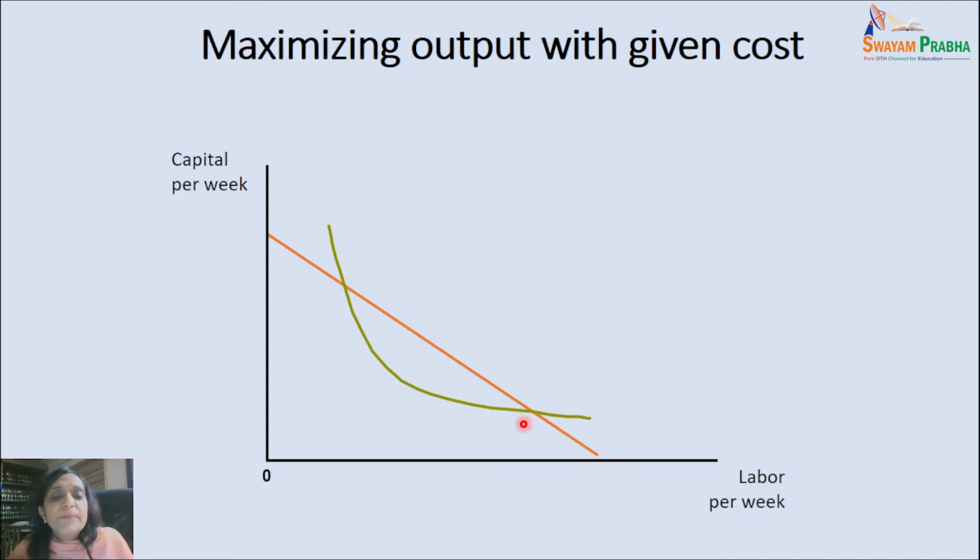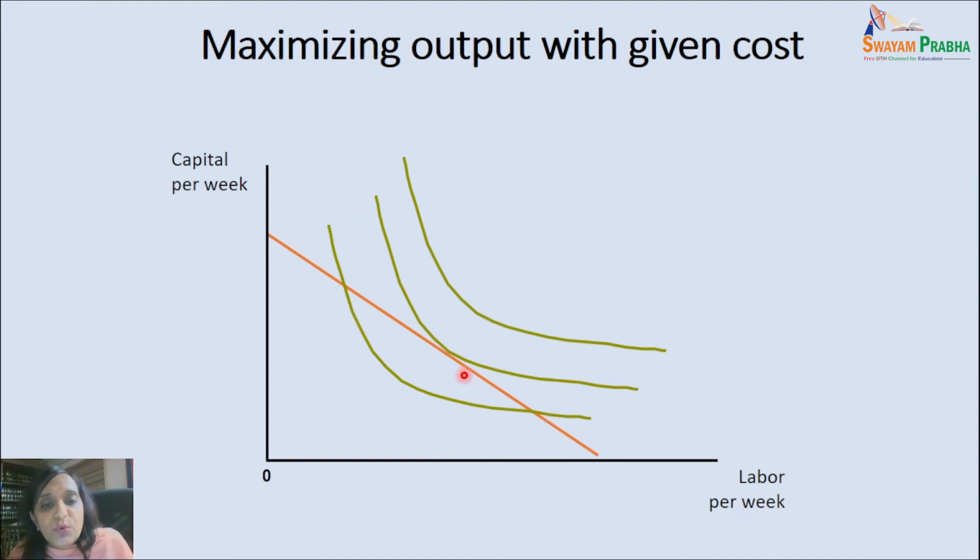So what have we done? With this given isocost line, we have imposed your isoquant map and see which highest possible isoquant this isocost line is tangent to. Q1, Q2, Q3 are the three levels of output. It is tangent to the Q2 isoquant.